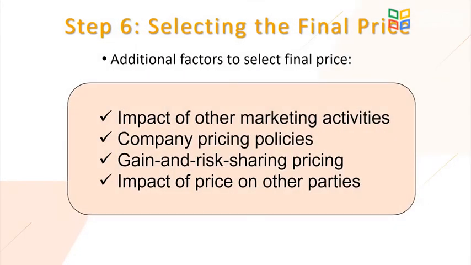Pricing methods narrow the range from which the company must select its final price. The final price must take into account the brand's quality and advertising relative to the competition. The price must be consistent with company pricing policies, yet companies are not averse to establishing pricing penalties under certain circumstances.